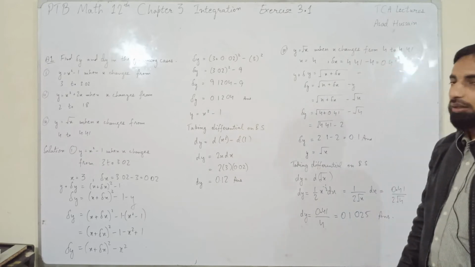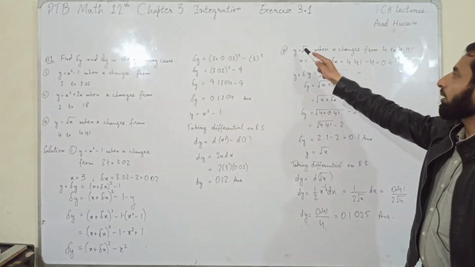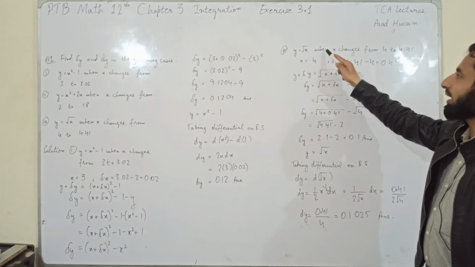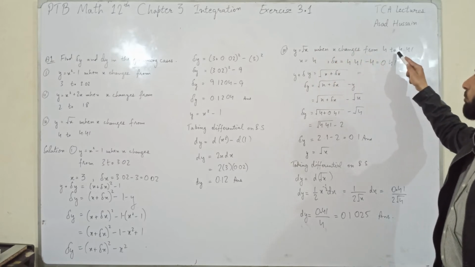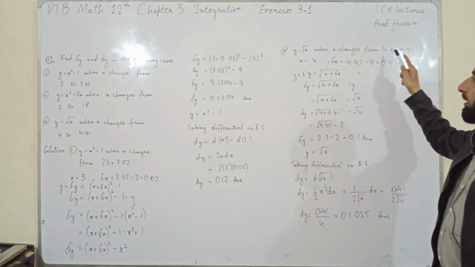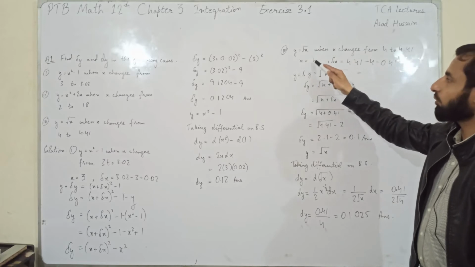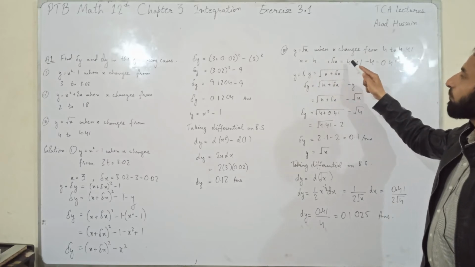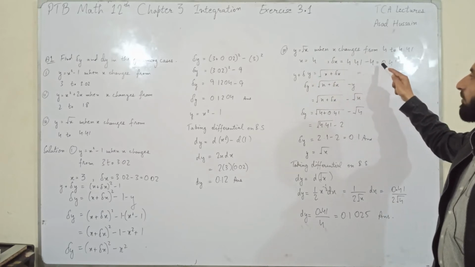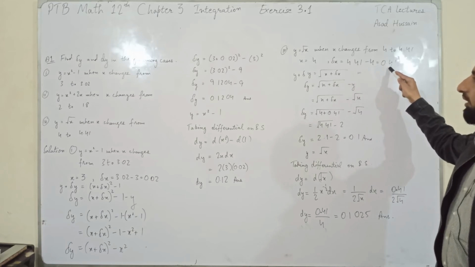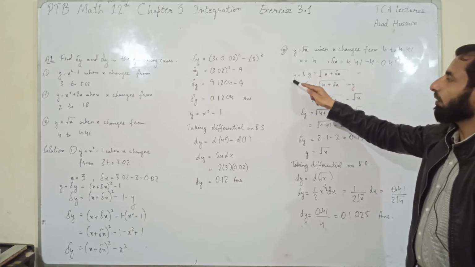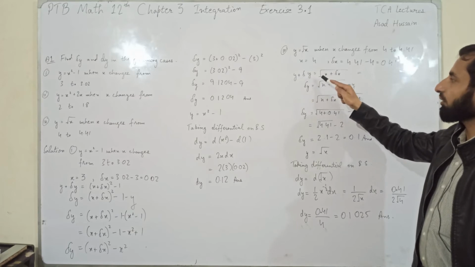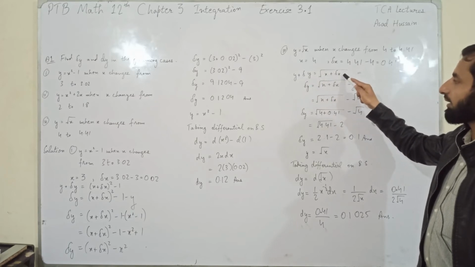Moving on to part number 3, which is y is equal to under root x when x changes from 4 to 4.41. In this statement, x is equal to 4, delta x is equal to 4.41 minus 4, which is equal to 0.41. Now y plus delta y is equal to under root of (x plus delta x).